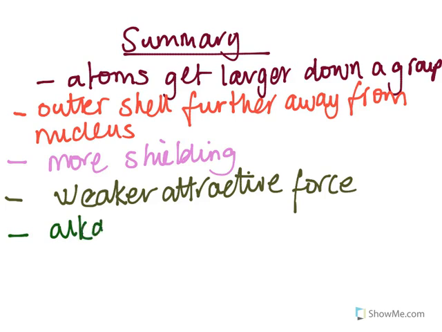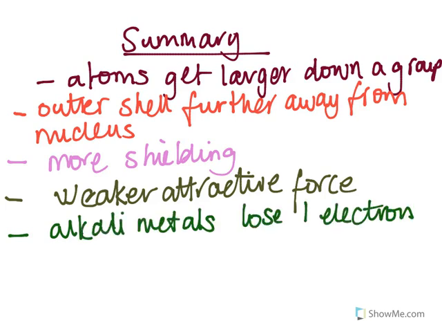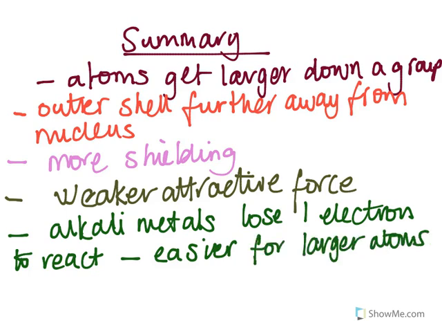And of course, alkali metals, group 1, lose one electron to react, and this is easier for the larger atoms with the less attractive force. Thereby, as they get bigger, their reactivity increases.